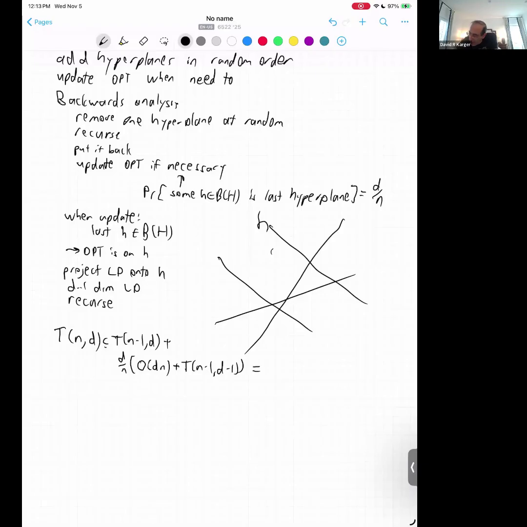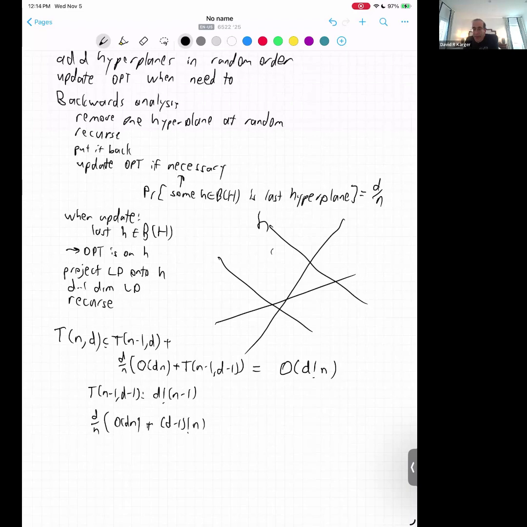And this turns out to have a solution of d factorial times n. Basically, the first term, T of n-1, d-1, is going to cost you d factorial times n-1 by induction. The second term is going to be d over n times this order dn, plus d minus 1 factorial times n.